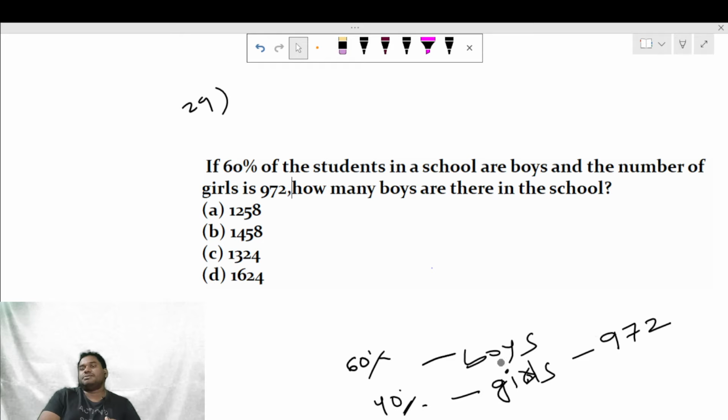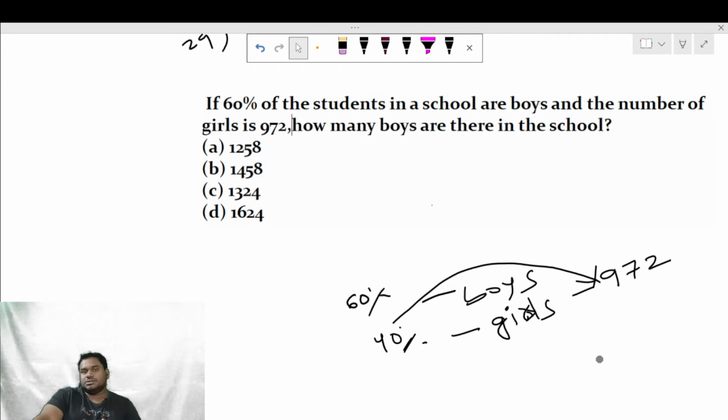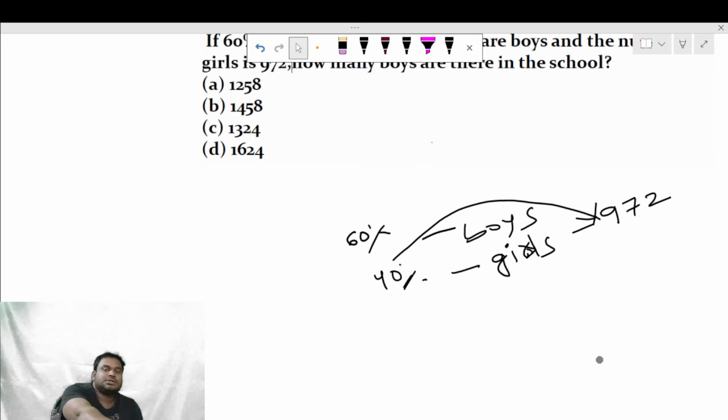So 40% is 972. How many boys are there in the school? That is the question. The number of girls is given, so it is an easy question.